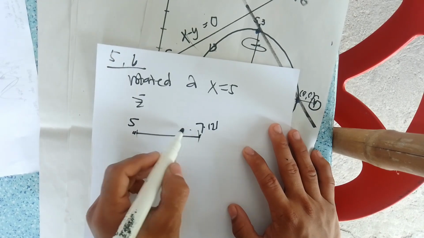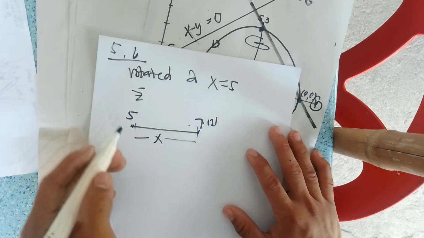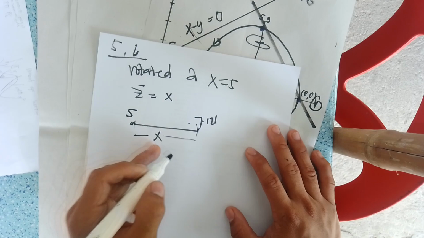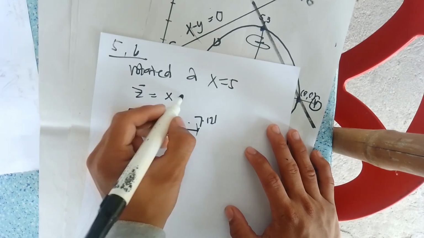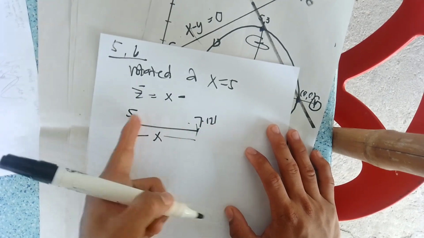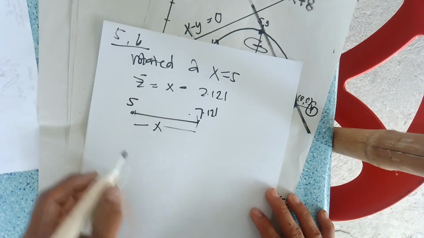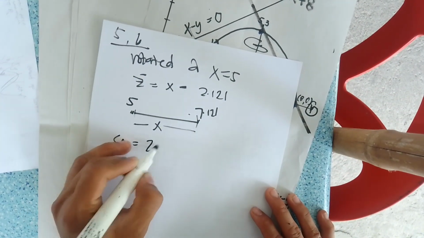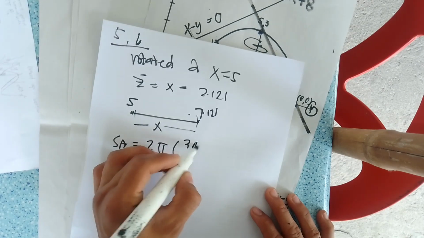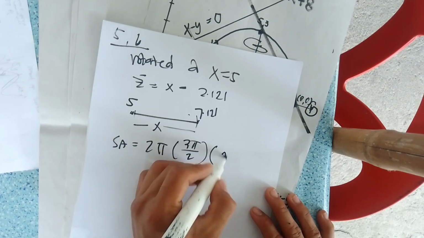So our z bar is the distance, which is just 7.121 minus 5, you'll get 2.121. And therefore, your surface area will be 2 pi times 3 pi over 2 times 2.121.